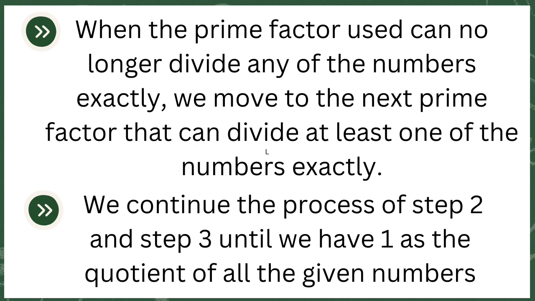We will check if 3 can divide any of them, we use it. If not, we move to the next prime factor, which is 5, and so on and so forth. So we will continue the division process until we have 1 as a quotient for all the numbers. Right? We will keep dividing until we have 1 as a quotient for all the numbers.